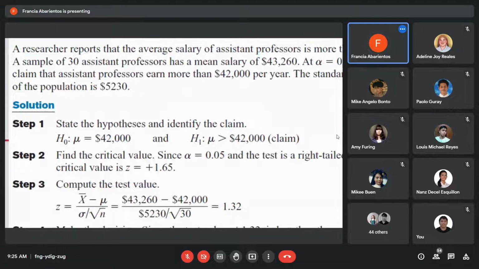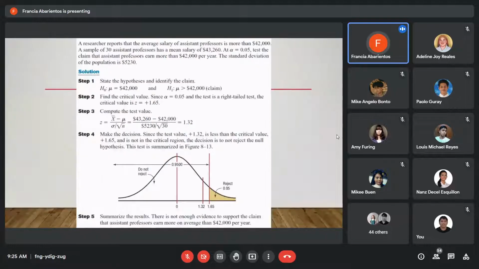Okay. So, a researcher reports that the average salary of assistant professor is more than, take note, more than 42,000. So, the sample consists of 30 assistant prof and a mean salary of 43,260.